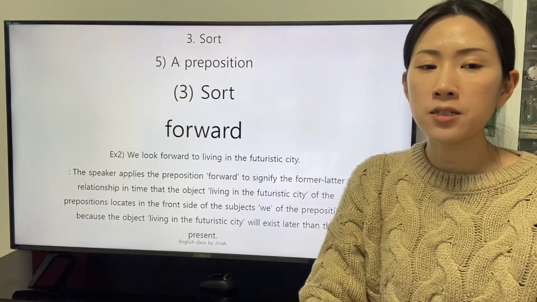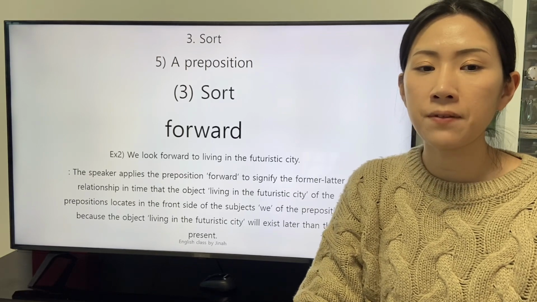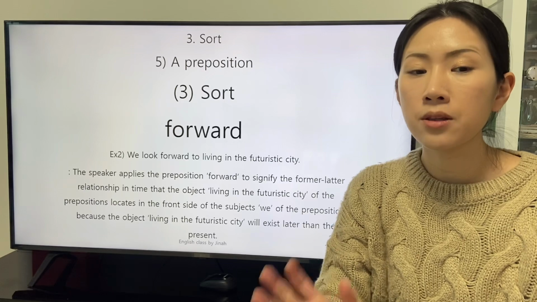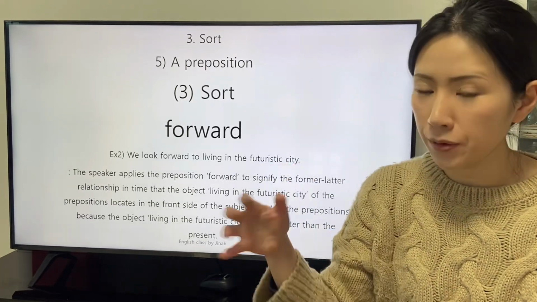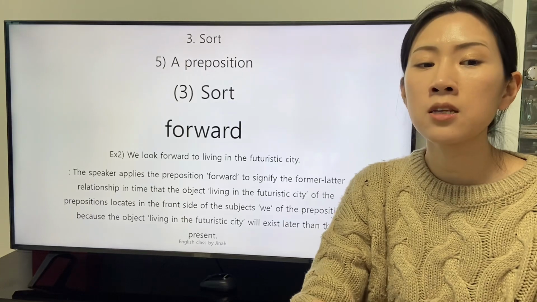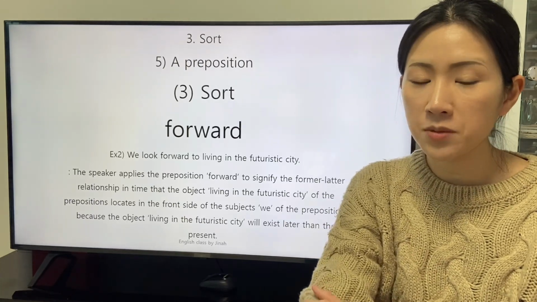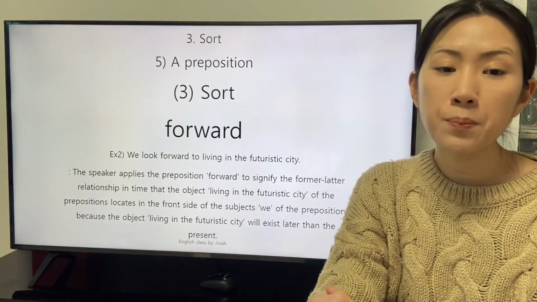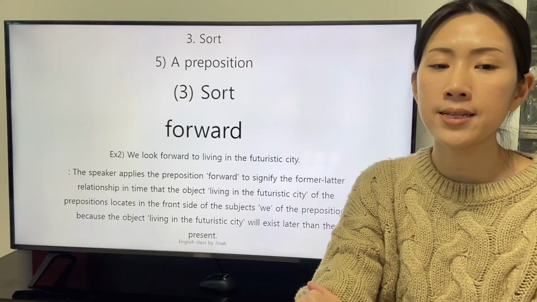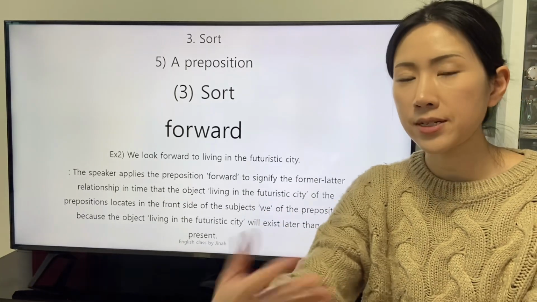The speaker applies the preposition forward to signify the former-latter relationship in time that the object living in the futuristic city of the prepositions locates in the front side of the subject we of the prepositions, because the object living in the futuristic city will exist later than the present.